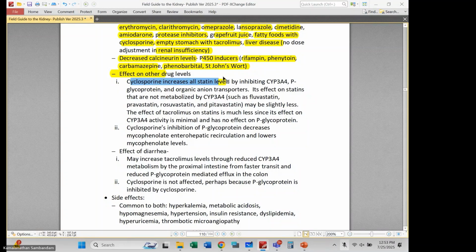Cyclosporin can increase statin levels by inhibiting the CYP3A4 system and the P-glycoprotein, as well as inhibiting some organic anion transporters. But the clinical relevance of this, especially for, well, I guess I've modified this already.